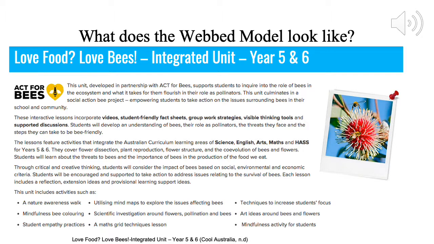For example, this integrates the learning areas of science, English, arts, maths, and humanities and social science, but also explores general capability of critical and creative thinking and the cross-curriculum priority sustainability. So how would this unit be taught in the classroom?